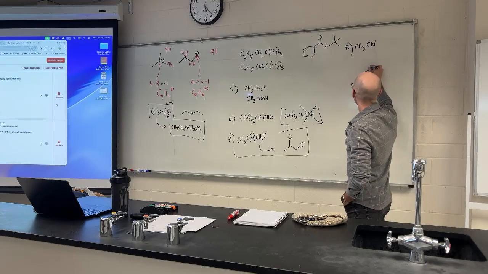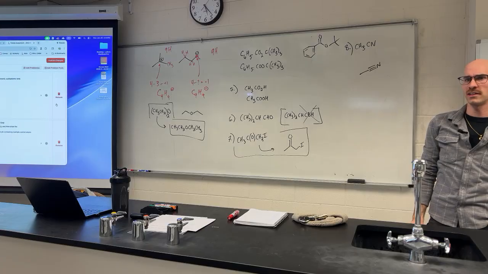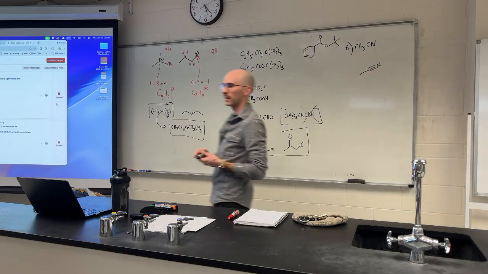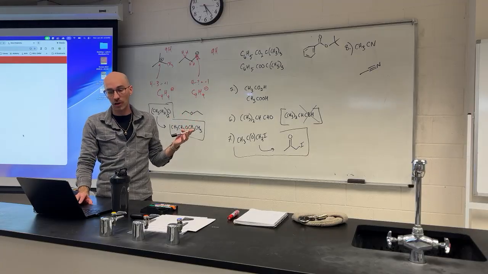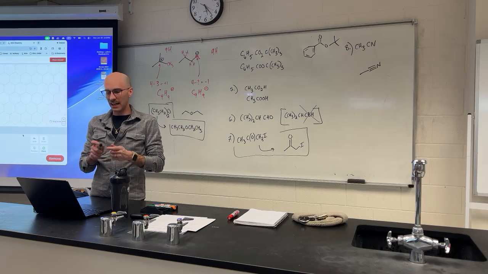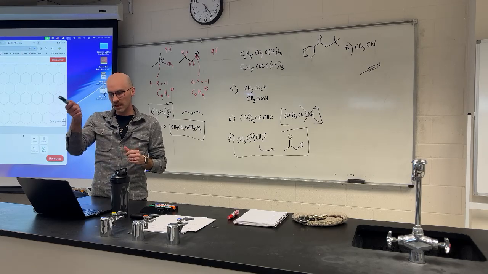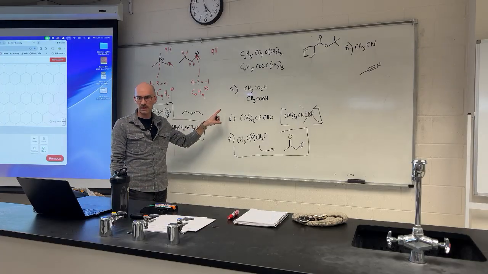Its bond line structure would look like this, which is weird. It is a little bit more cumbersome to draw it on the bottom than it is on the top. And it's a bit confusing as well. Okay, here is why this won't let you abbreviate it.